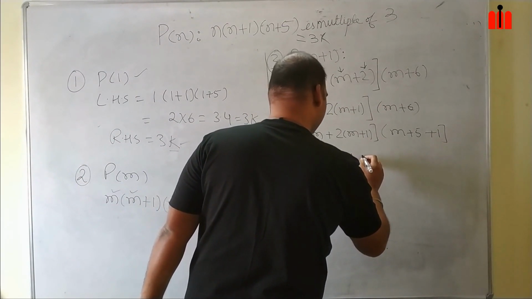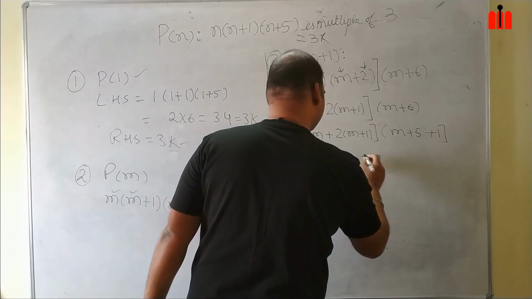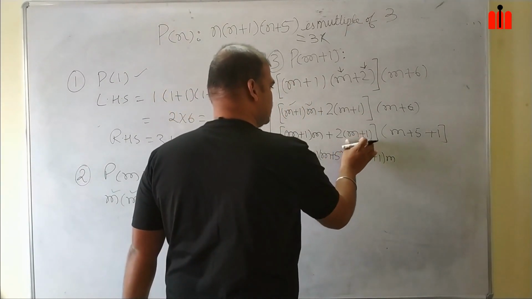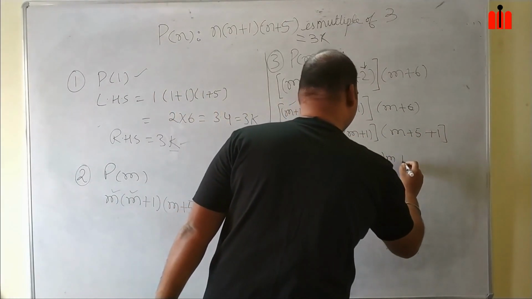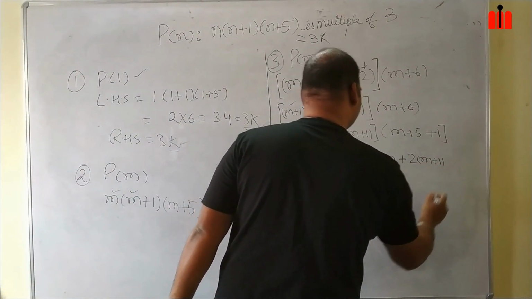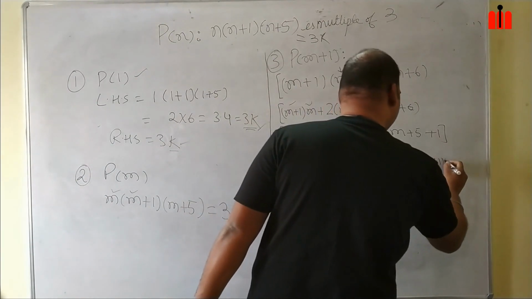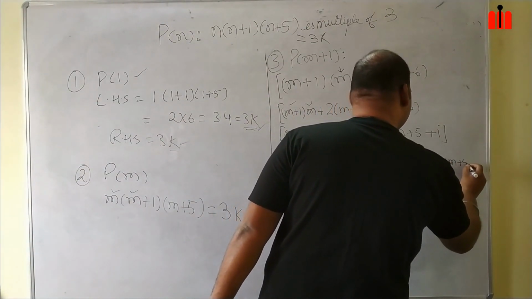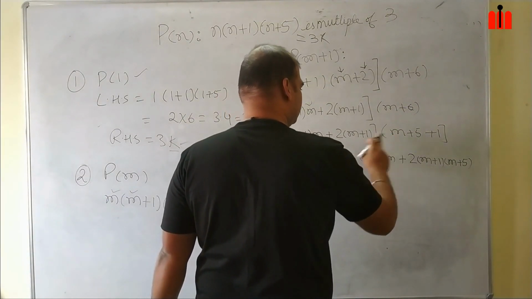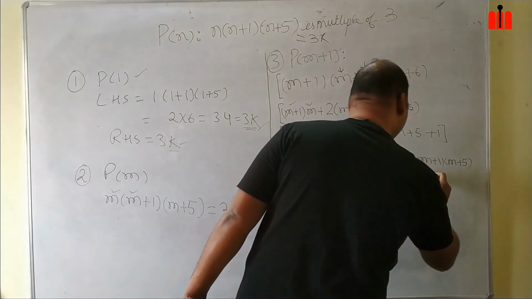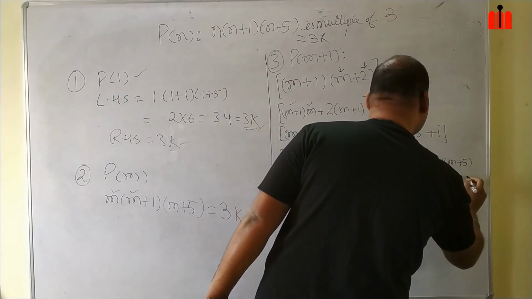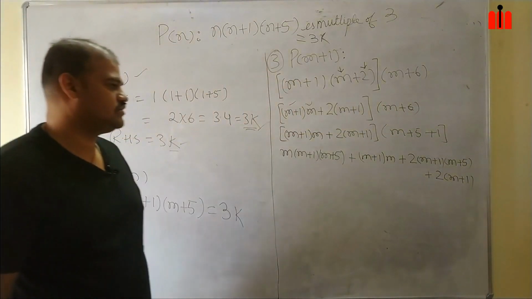Then it will be m plus 1 m. Now this 2m plus 1 is multiplied with m plus 5, and this 2m plus 1 is multiplied with 1, so it will be 2m plus 1.